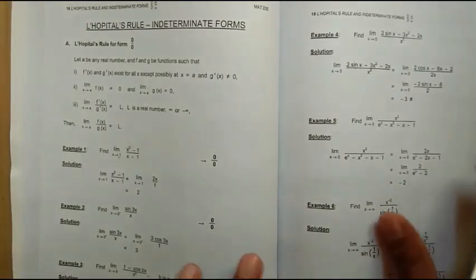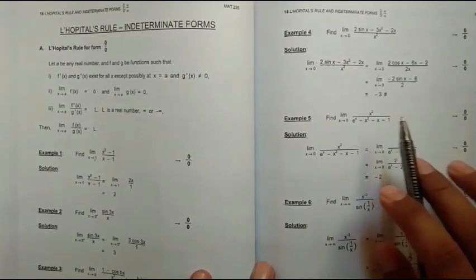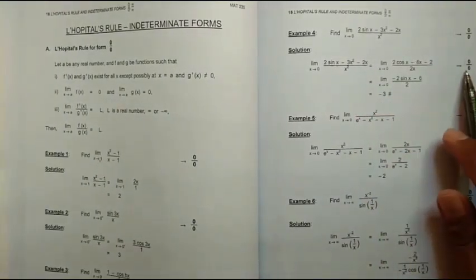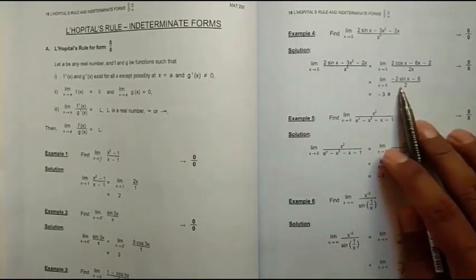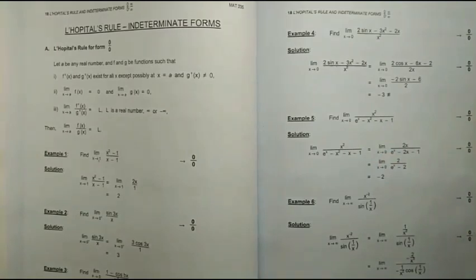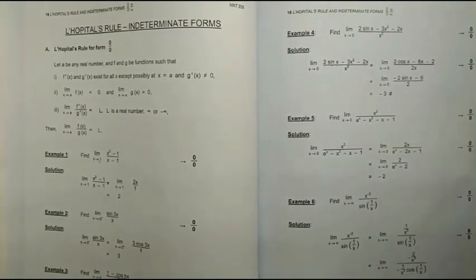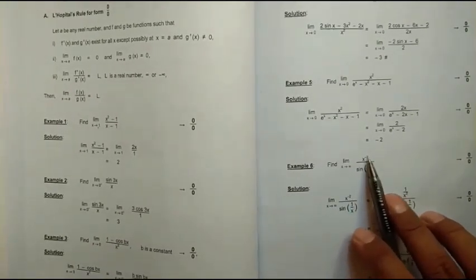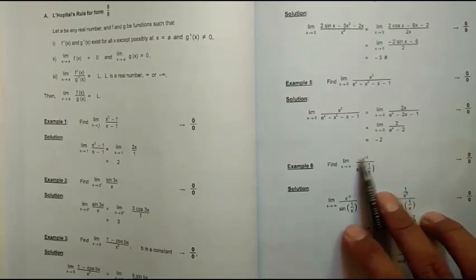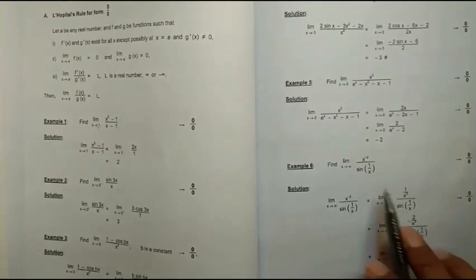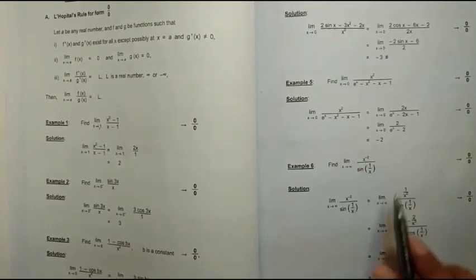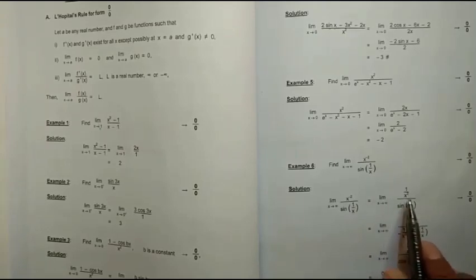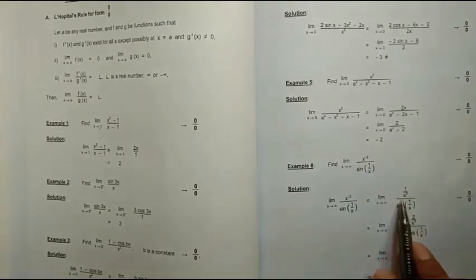Okay, example 4 is the same. Example 4, 0 over 0, then differentiate, substitute, 0 over 0, differentiate again. Okay, example 5, example 6, differentiate as usual. If you look at example 6, x to the negative 2, differentiate, negative 2, x to the negative 2 minus 1, so negative 2 times. For this one, simplify. x to the negative 2, it transforms first. It transforms to 1 over x square, sin 1 over x.